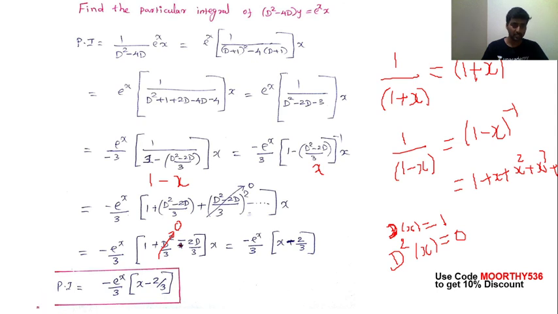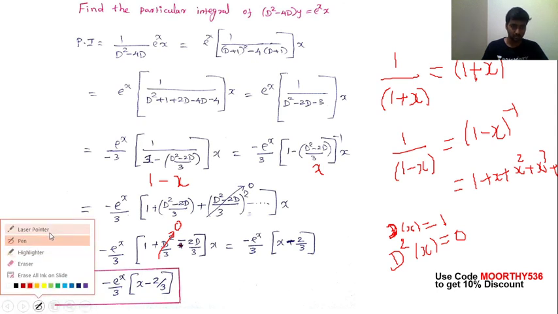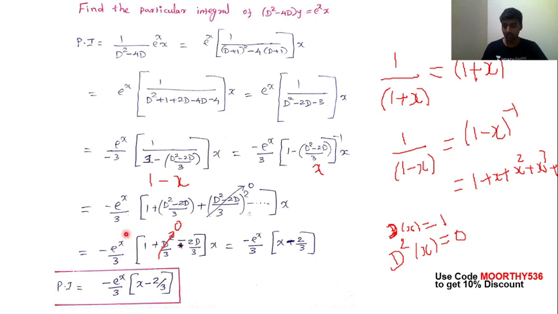Multiply the x inside. 1 into x is x, so minus 2 divided by 3 into d of x. d of x is equal to 1, so 2 divided by 3. So the answer is minus e power x divided by 3 into x minus 2 by 3. This is the answer for the given particular integral equation.